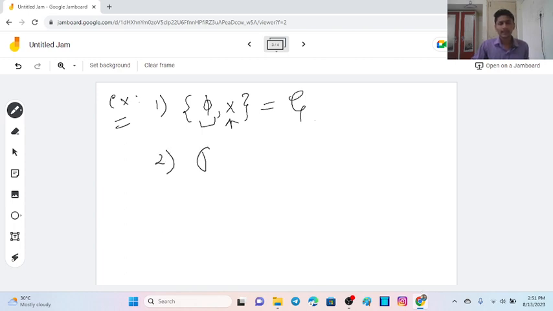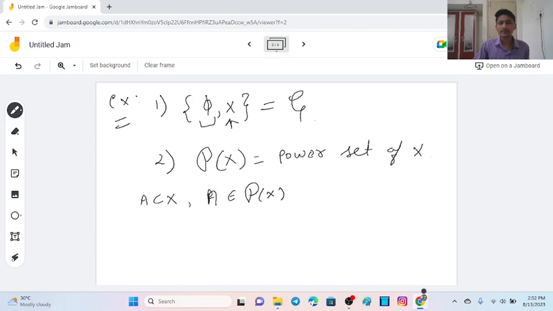The second trivial example is the power set of X, which is the collection of all subsets of X, right? If I have a set A which is a subset of X, obviously A belongs to the power set of X. Also A complement is a subset of X, so A complement also belongs to the power set of X, right?